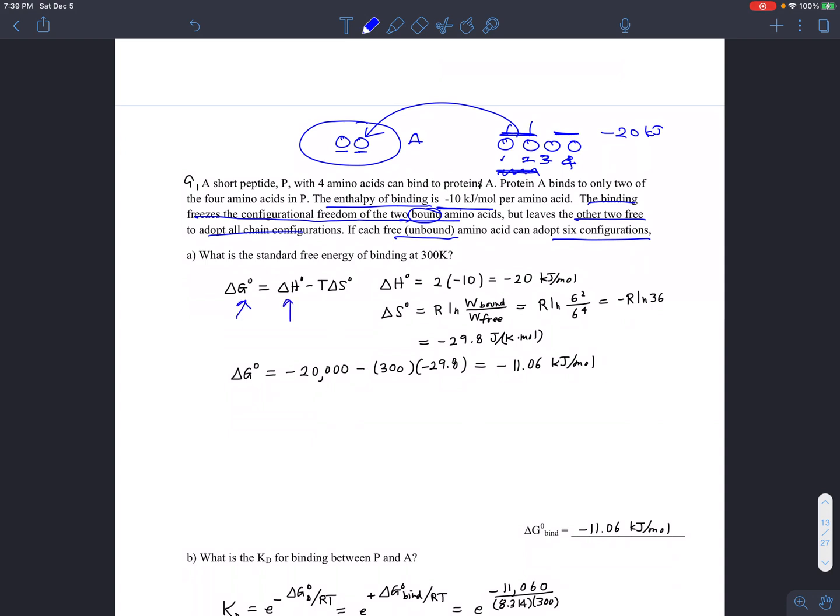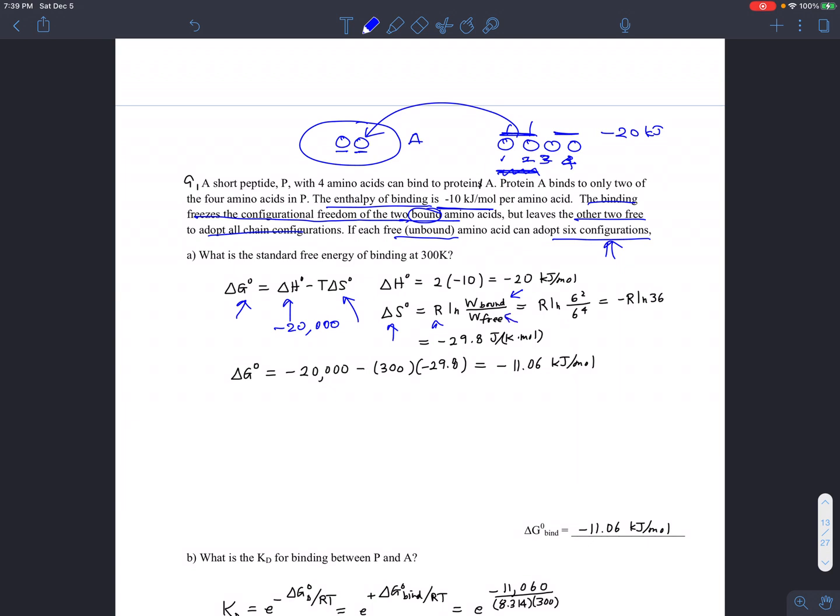Well, we know delta H, that's minus 20 kilojoules, 20,000 really. We need delta S though. We don't have that. We have to calculate that from the information we have about the configurations. But delta S is R times log of however many states there are when it's bound versus however many states there are when it's free.